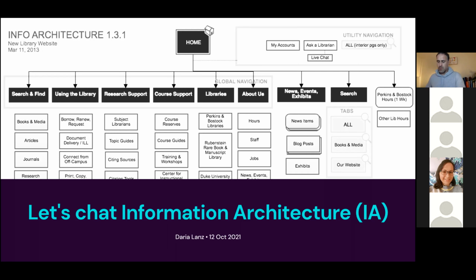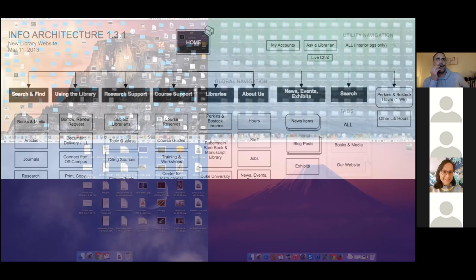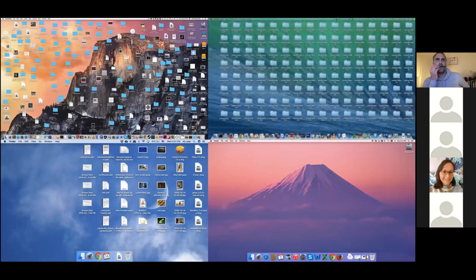So one easy way to think about this is looking at these different desktops. Does anyone have a desktop that looks like the top left? Or does anyone know anyone? I used to have one like that, but maybe it's because I've only been in my job 5 weeks that it's not like that. But yeah, okay.